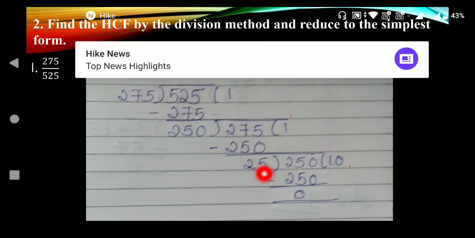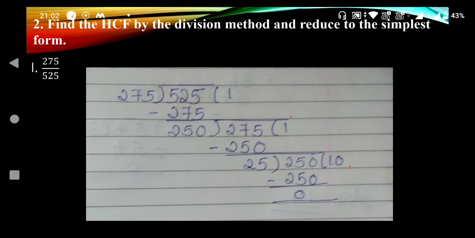I will divide 275 by 250, where did I get that 250? From the previous remainder. Now 25 tens are 250, remainder 0.